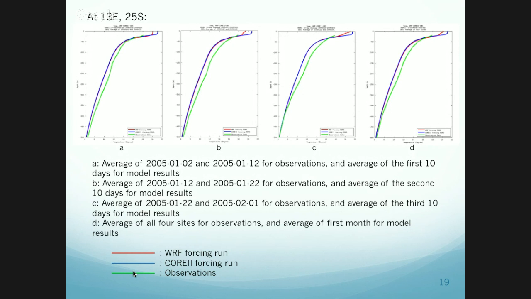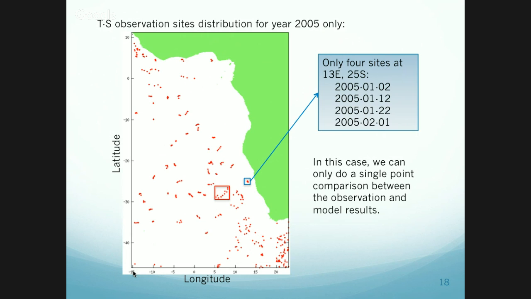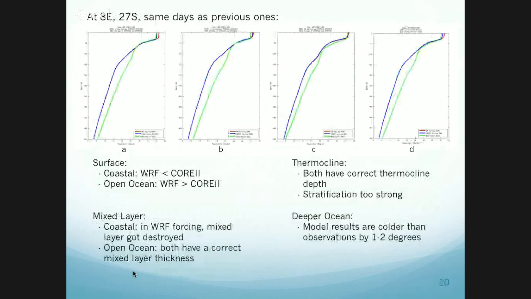Well, actually, in this figure I just did a comparison in this spot, and I also chose some observations in this red box here, and I compared the same days as the previous ones.